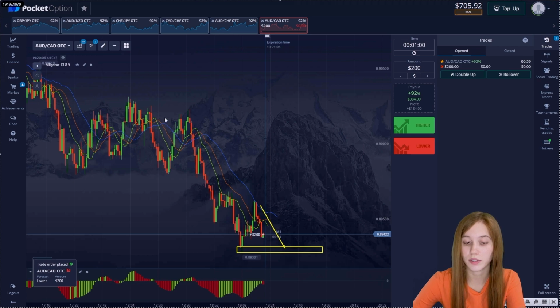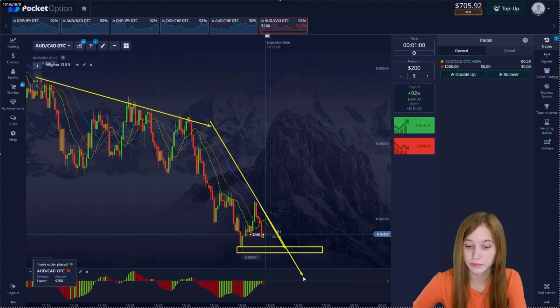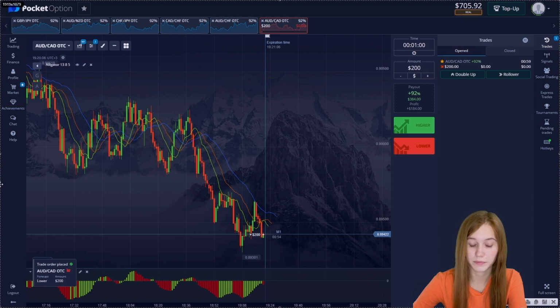We also see Alligator. Three lines are downward. Oscillator.